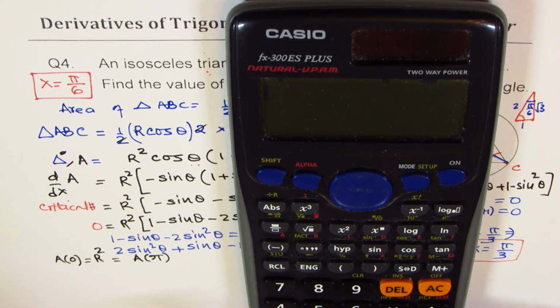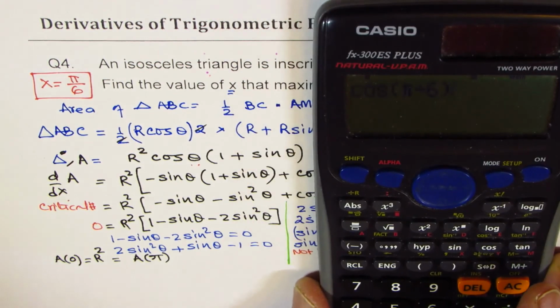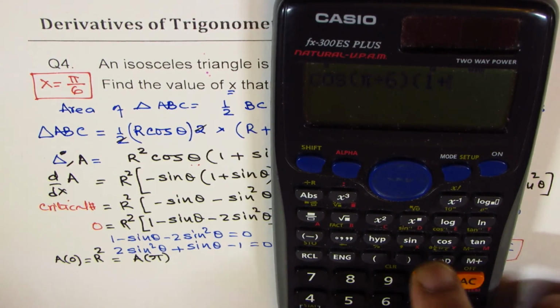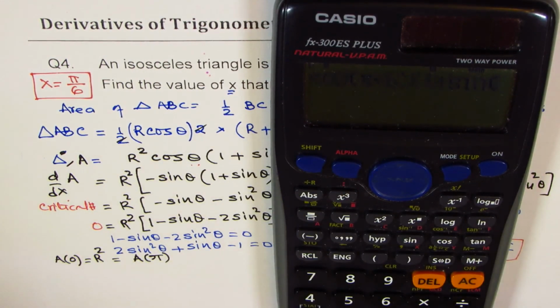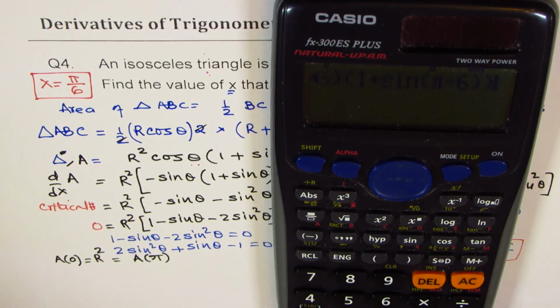So cos of pi by 6 times 1 plus sine of pi by 6 is equal to, in decimals, 1.29.